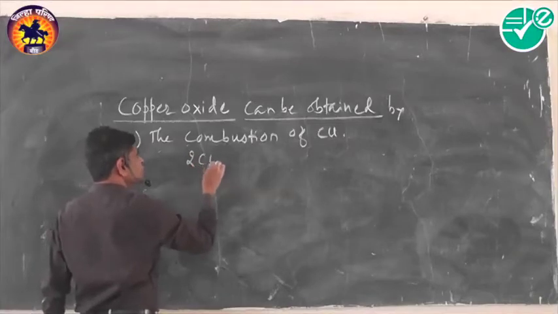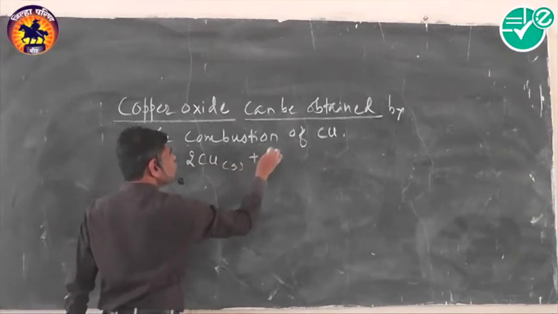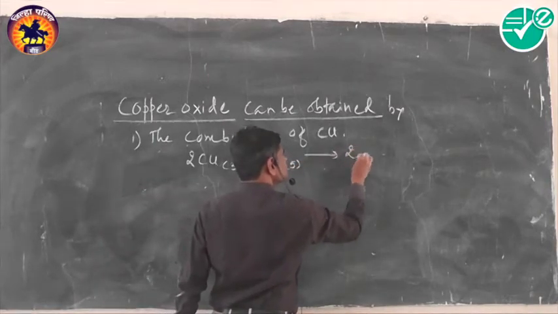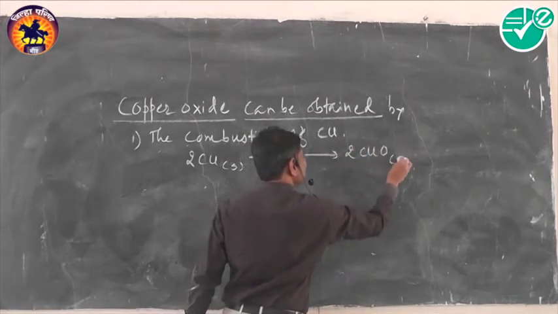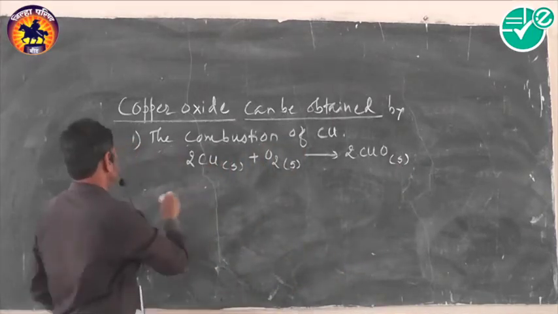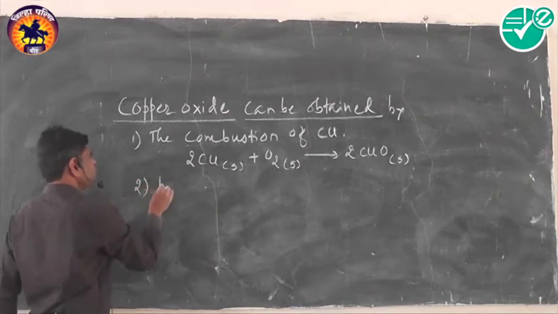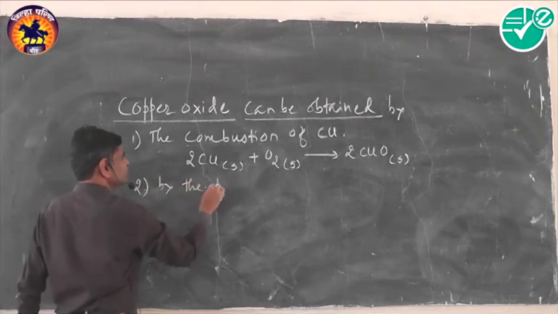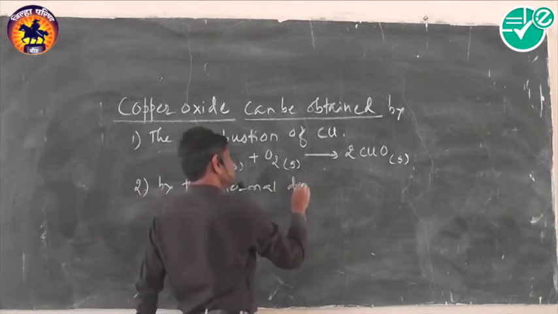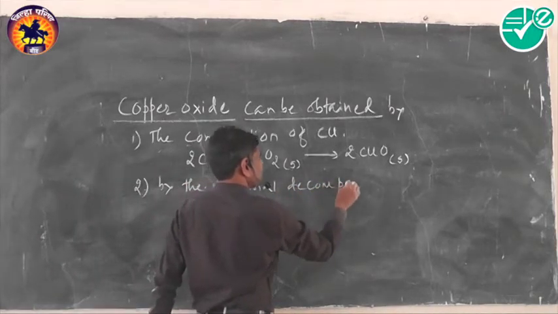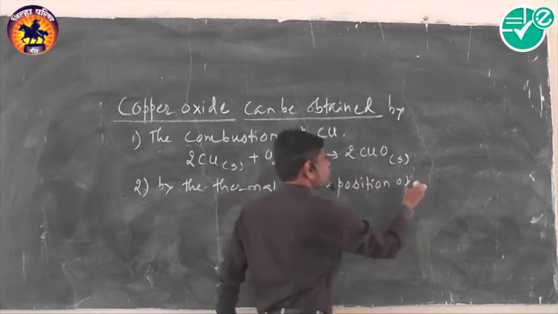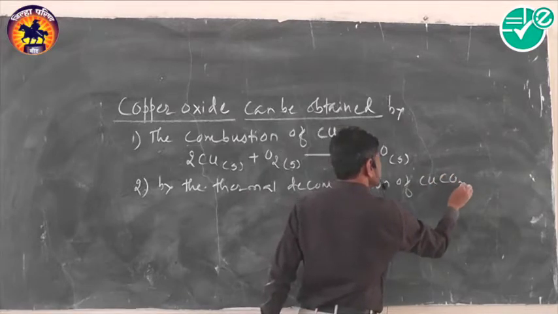So here 2Cu plus O2 gives 2CuO. And thus remember, this is the first method for the preparation of CuO. Then second, by the thermal decomposition of copper carbonate, CuCO3.